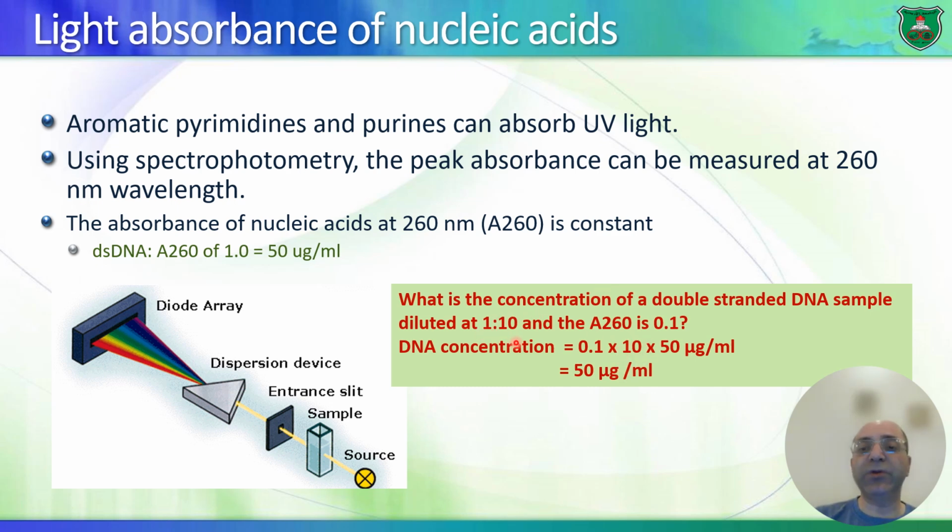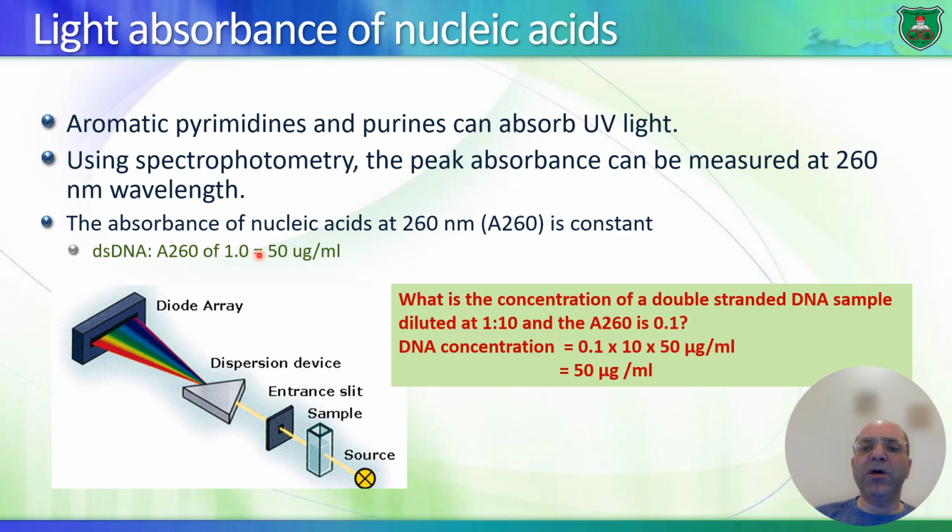The dilution is 1 to 10. So we say 0.1, the amount of light that is absorbed, times 10, the dilution factor, times 50 micrograms per ml over 1, which is this one right here. That's constant, by the way. We know that 50 micrograms per ml of DNA would absorb 1 unit of light.